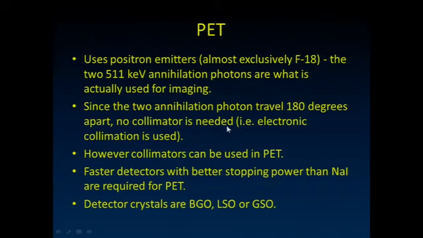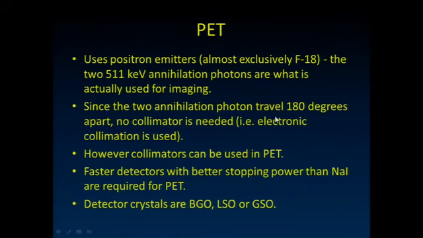Let's move on to talk a little bit about positron emission tomography. It uses positron emitters, almost exclusively F18, but there are a few others out there. And here we're going to image the two 511 keV annihilation photons that are created. Those annihilation photons basically travel at 180 degrees from each other in a straight line.